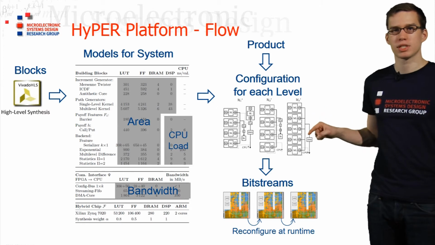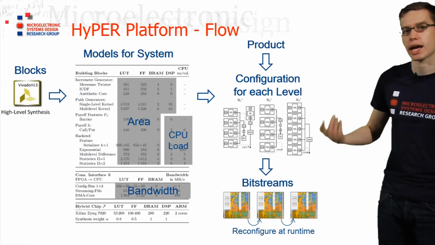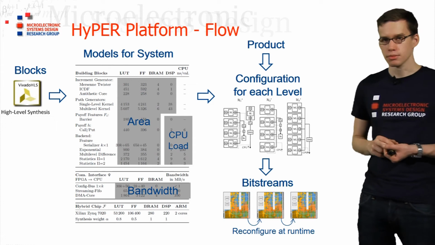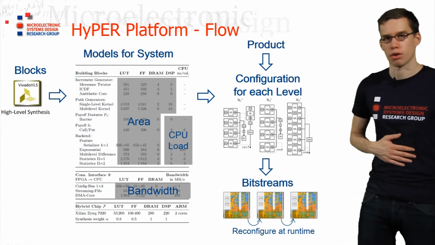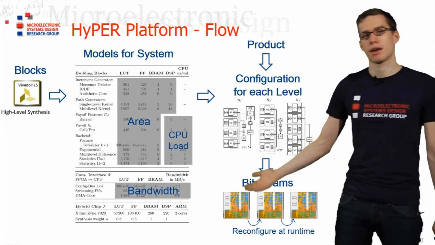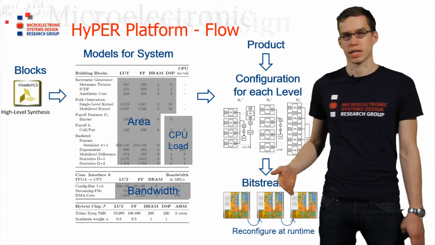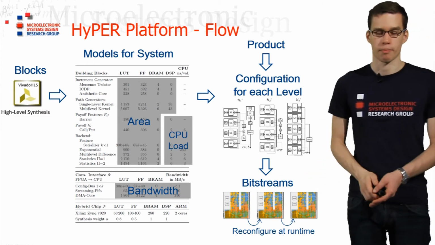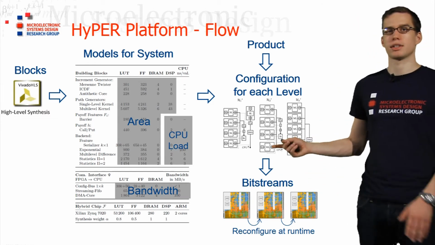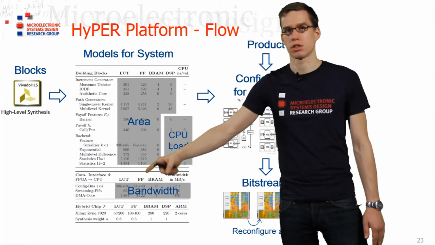Then we use the DMA to transfer all the data and do the back end stuff on the CPU. So we get 3 configurations for all of our levels, and we can generate a bit stream out of these configurations, which we can reconfigure over runtime. And this can all be automated.